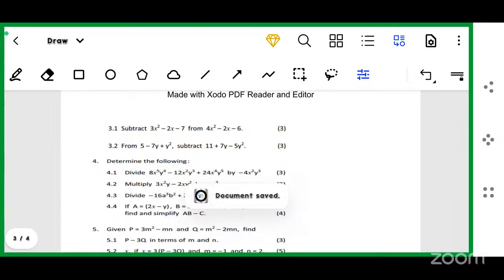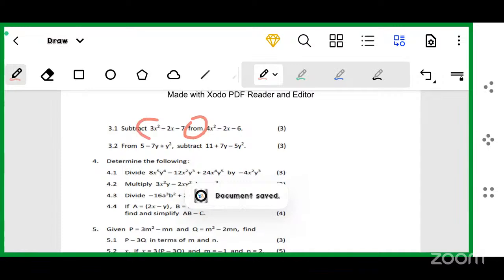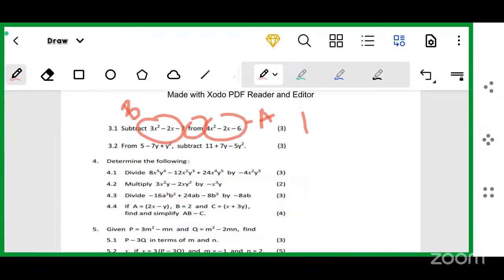So this term "from" is very, very important. It means that you are subtracting this first one from this one, meaning that this second one is going to be the first one that you're going to be writing. So let's say this one is our A and this one is our B. If they say subtract B from A, they mean that you're going to say A minus B. Are we clear?